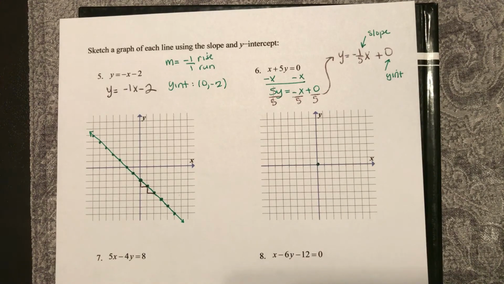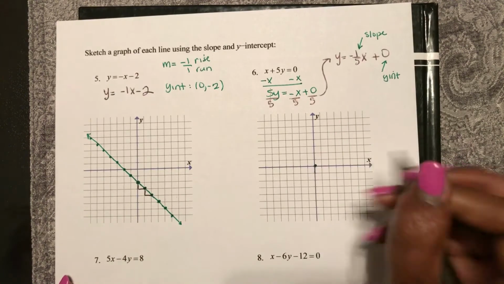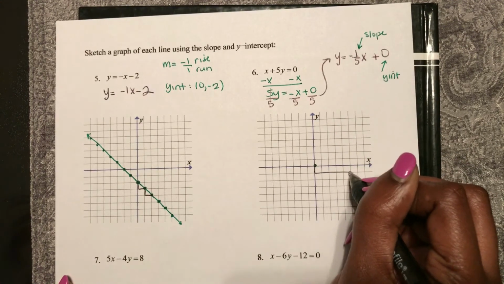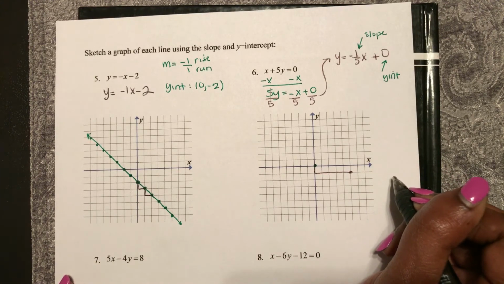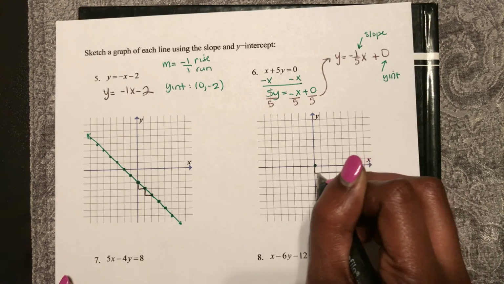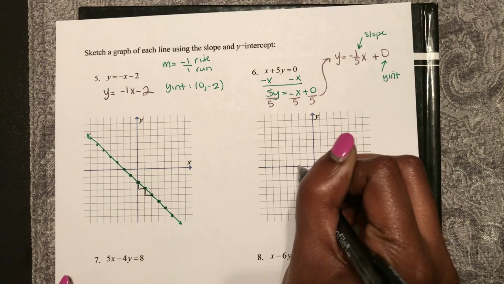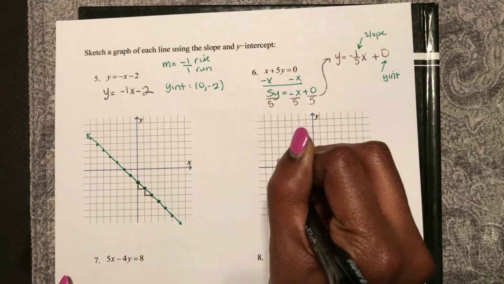Now my slope, negative 1. For my rise, down 1. And I always run to my right. 1, 2, 3, 4, 5. And then down 1. Uh-oh, I'm going off the graph. Well, let's see. If I followed that slope this way, it's that way 5 and up 1. So I'm going to do that. 1, 2, 3, 4, 5, up 1.